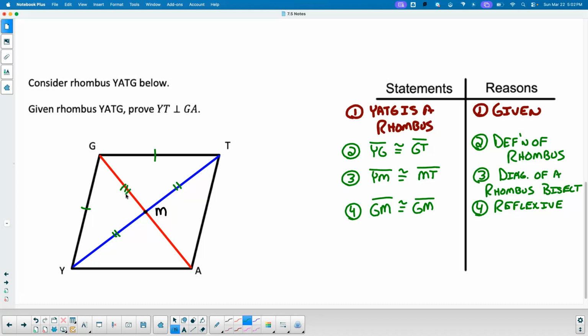And now I can say that triangle YMG is congruent to triangle TMG. My reasoning would be side, side, side.